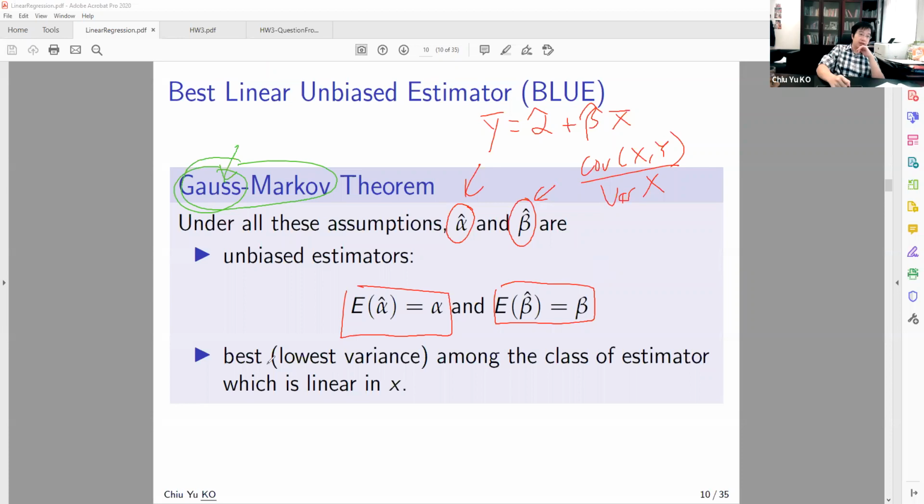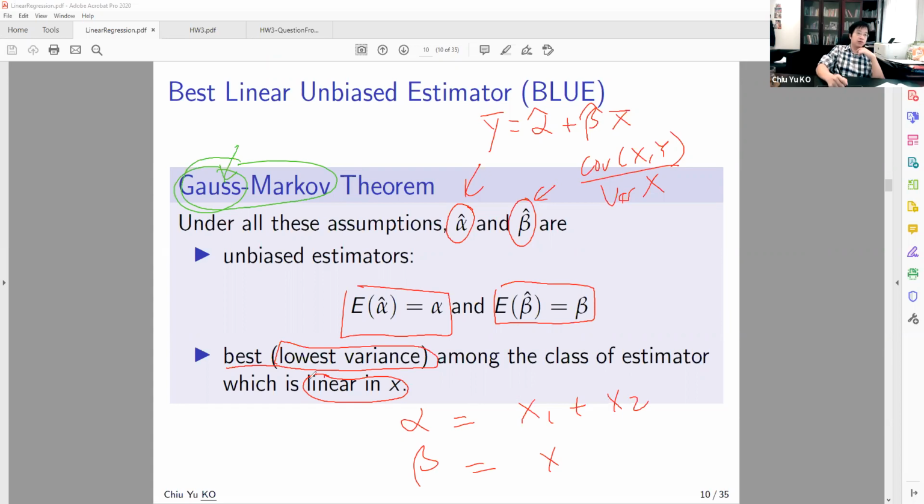And it turns out this is also the best, meaning the least variance, if you consider estimation that is linear in x. Linear in x is just like, suppose alpha and beta are somewhat functions of x, x1 plus x2, whatever. As long as you consider a linear estimator, linear in x, that would be best.